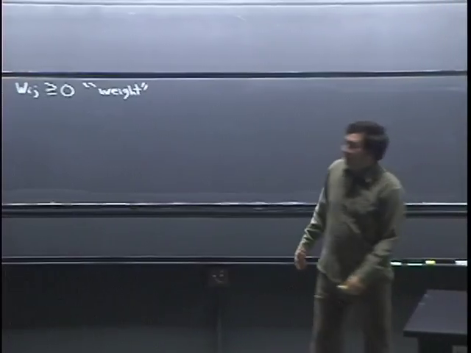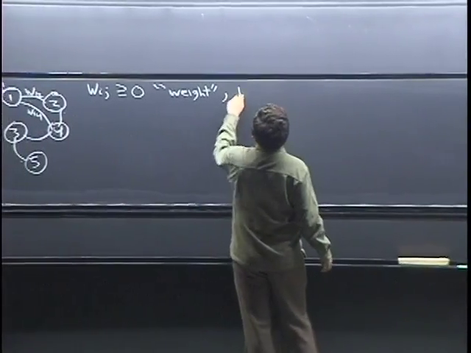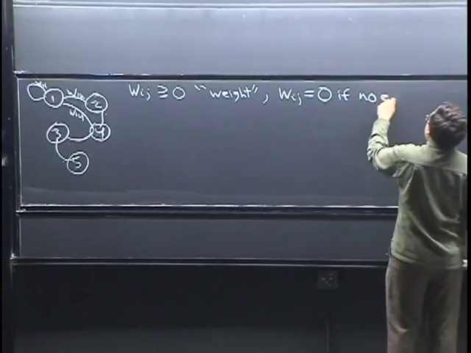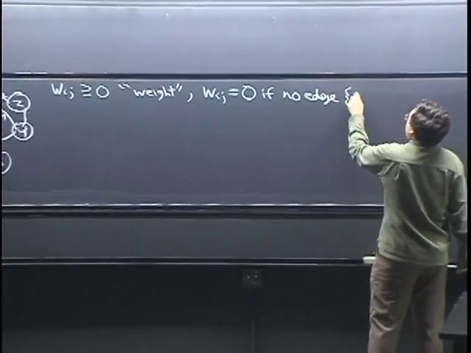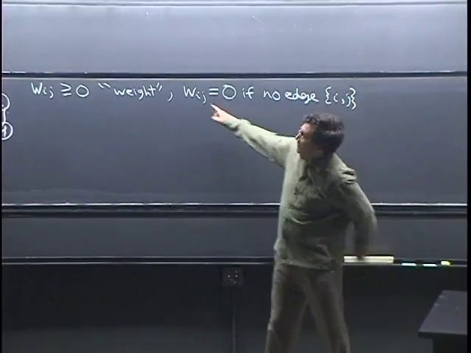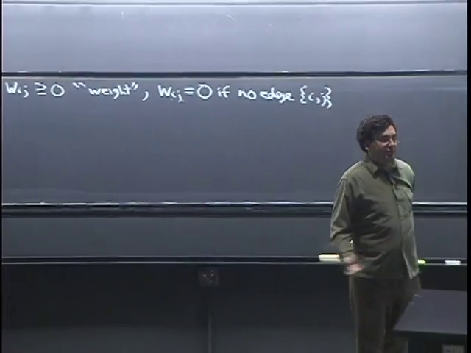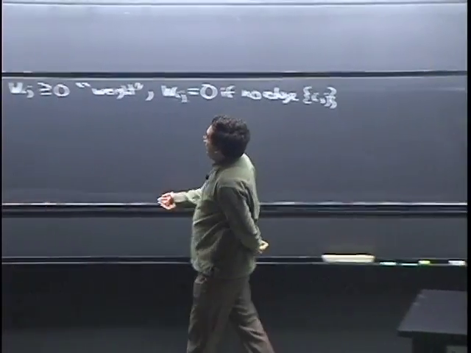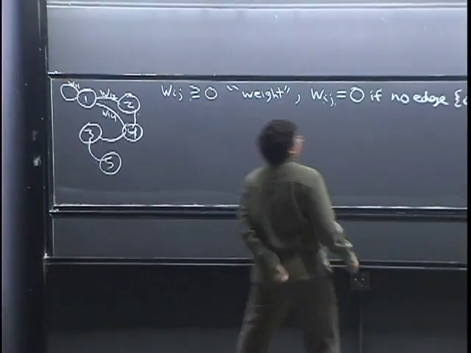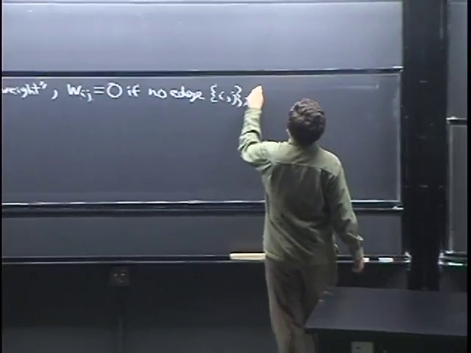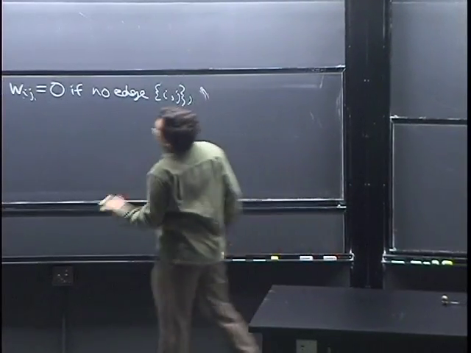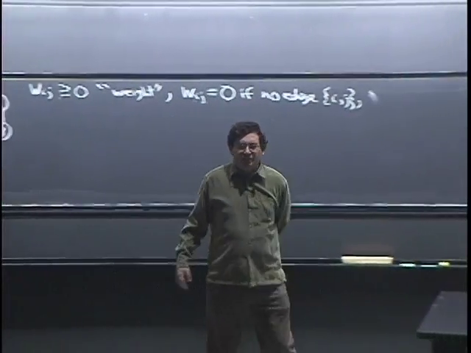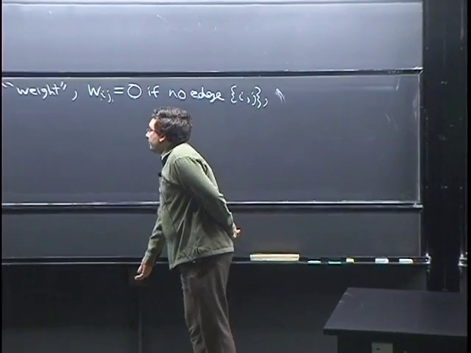And let's assume that Wij equals 0 if there's no edge there. That just means you can't get from i to j in one step, so we'll just give that weight 0. And then the other ones, we can assume it's strictly greater than 0 if there actually is an edge, but it doesn't actually matter as long as we avoid dividing by 0.